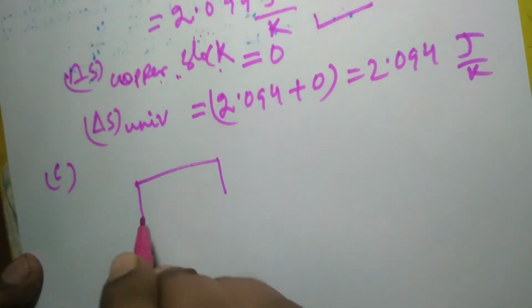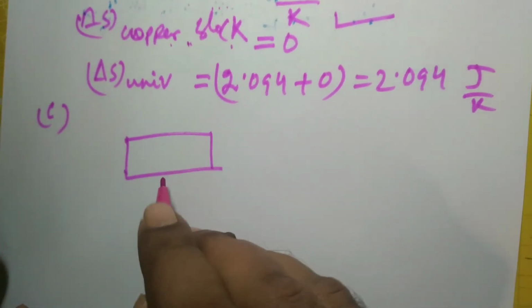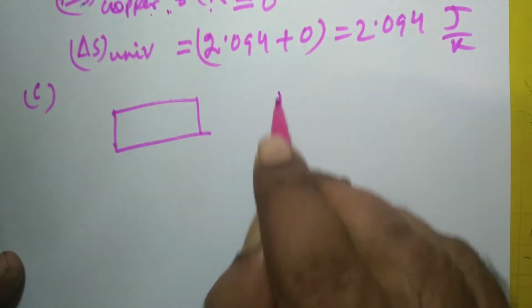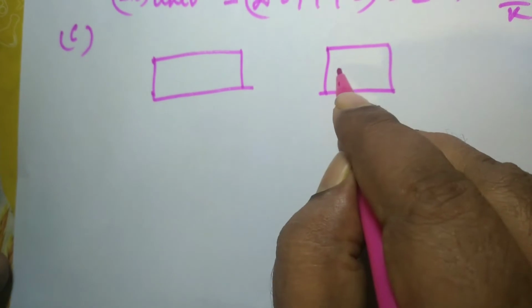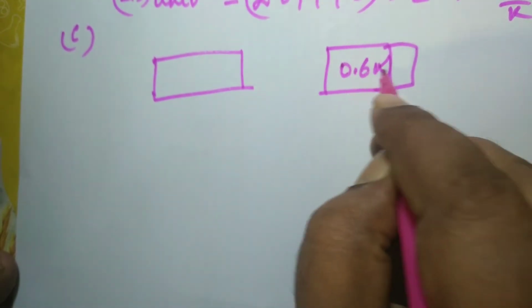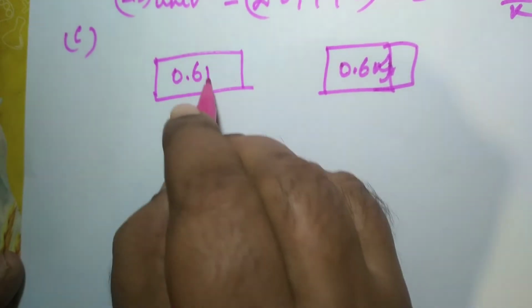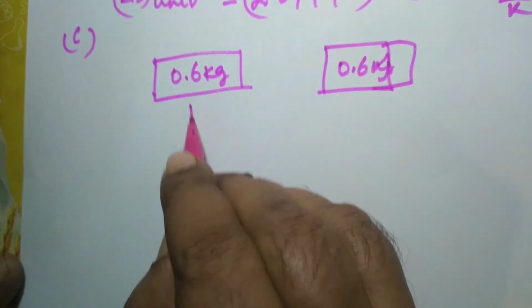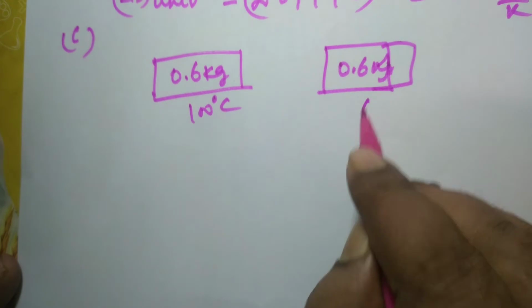One block of mass 0.6 kg and another block of mass also 0.6 kg. Same blocks. One is at 100 degrees Celsius and another is at 0 degrees Celsius.